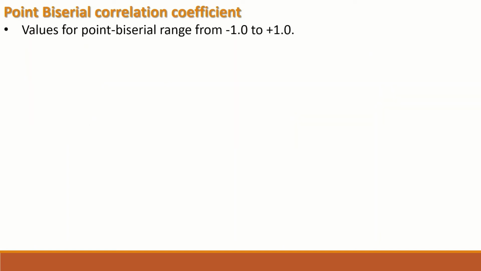Now, the statistical test for the point-biserial correlation coefficient generates a value or values, and these values range from -1 to +1. +1 indicates a perfect, positive correlation. -1 indicates a negative correlation, a strong one.